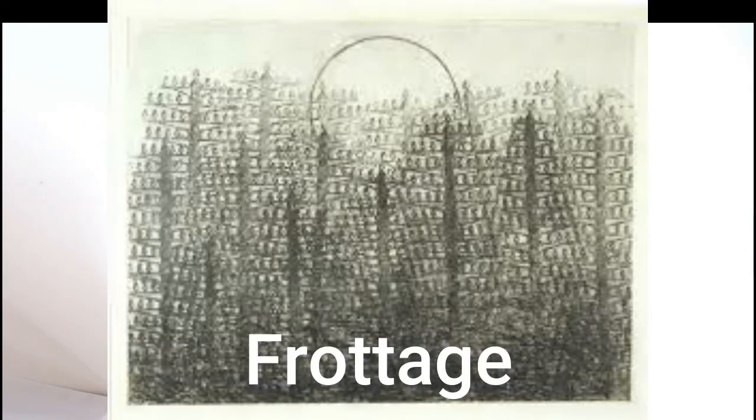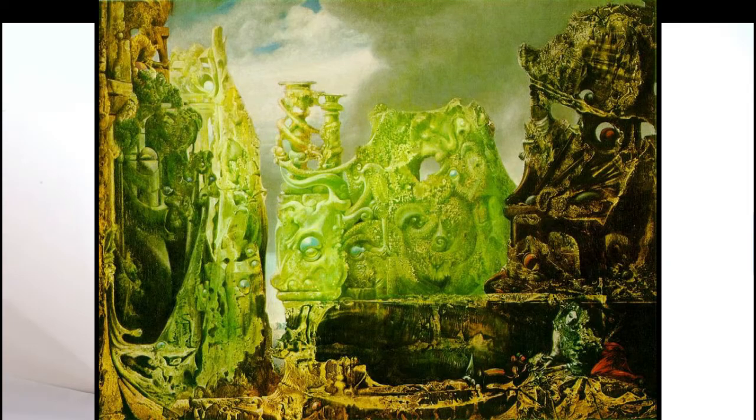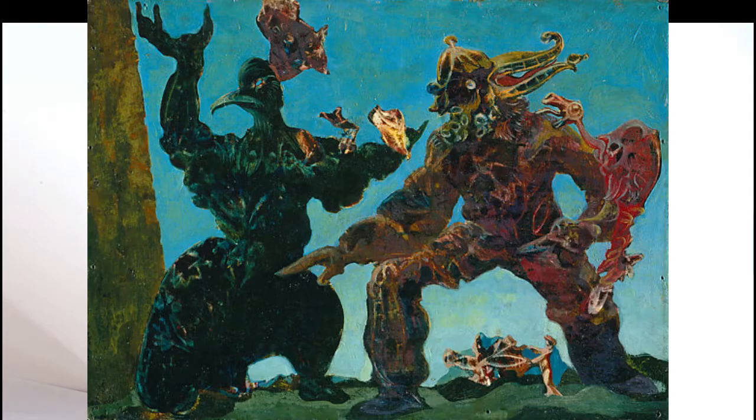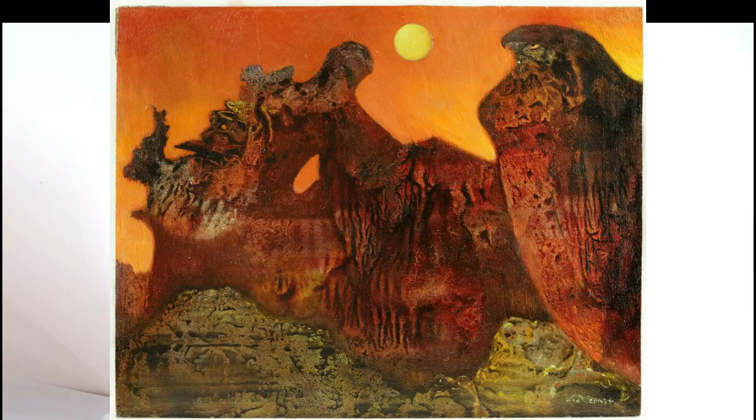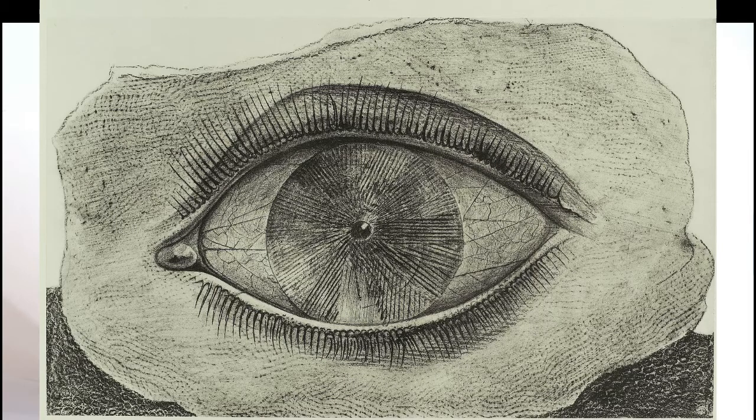He was trying to access, these surrealist artists always wanted us to access our subconscious mind. And so he would use frottage to create textures on his paper, and then he would look at it and go, what is this about? And then he would decide, okay, I'm going to use the rubbings and create a picture.